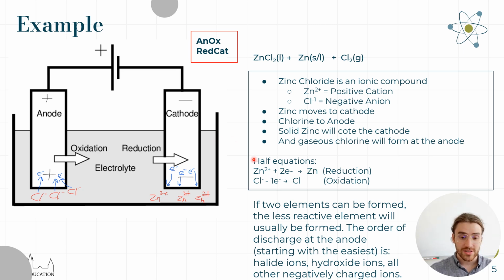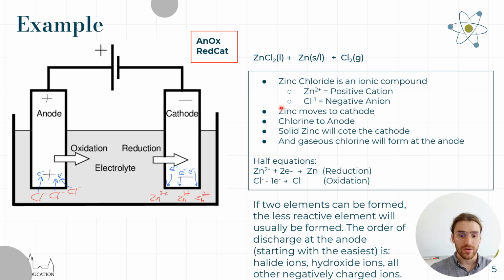To get from a positive ion to a neutral element, it's going to have to gain 2 electrons. If it's gaining, that means reduction is happening. So the reduction half of the equation is Zn2+ + 2e- gives us a neutral zinc atom.